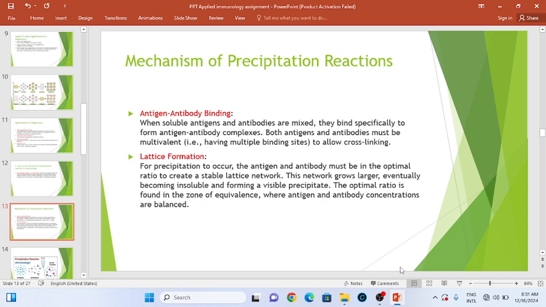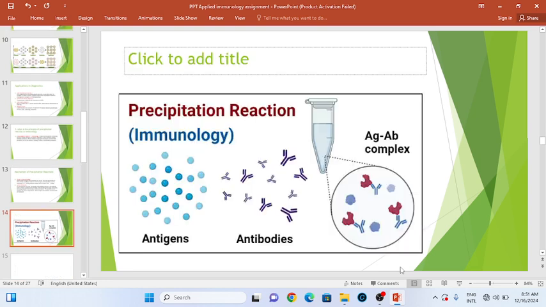Here we have the prozone, postzone, and zone of equivalence. Lattice formation occurs in the zone of equivalence, where we have equal amounts. This network grows large and eventually becomes insoluble, forming visible precipitation, where the optimum ratio is found in the zone of equivalence, where antigen and antibody concentrations are balanced.